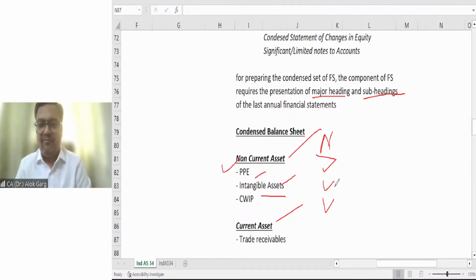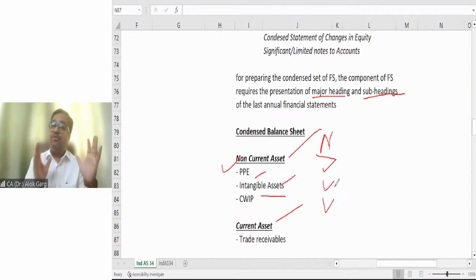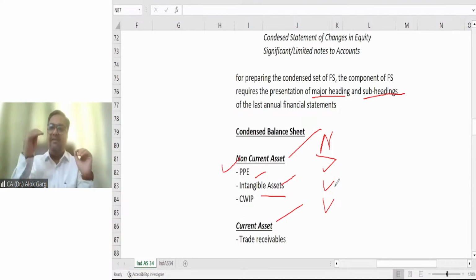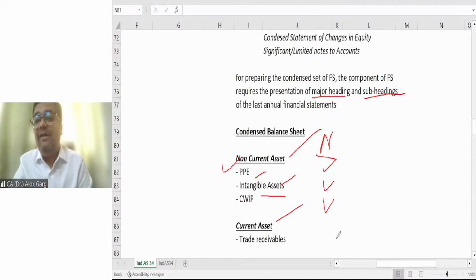Are you getting me? So the condensed balance sheet is as good as the full balance sheet. But the only difference is the detailed breakup of every line item on the face of the balance sheet is not required in the notes to accounts, right? So that is why on the face of the balance sheet, you will not find the note referencing for every line item. Is that clear?